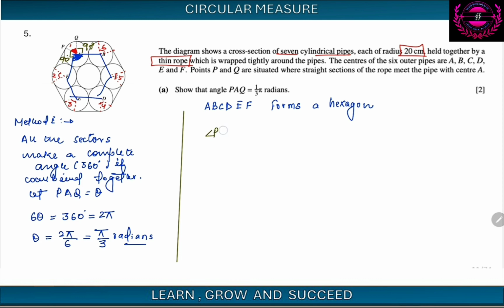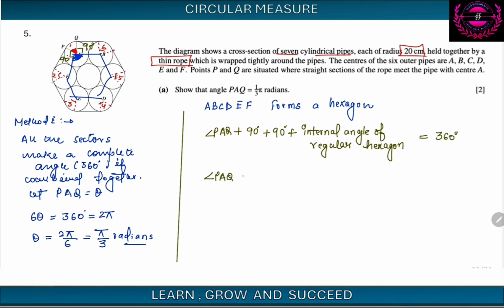So angle PAQ plus 90 degree plus 90 degree plus the internal angle of the regular hexagon gives us 360 degree.